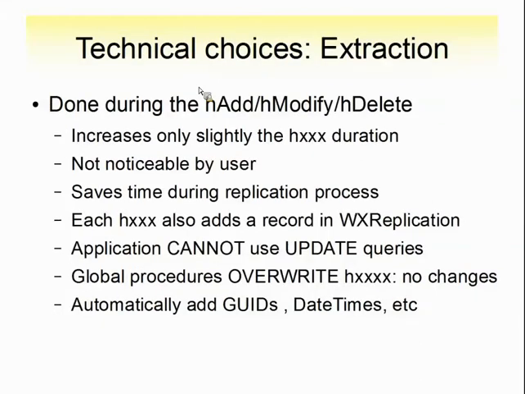The extraction of data, I told you, is done during the HAdd, HModify, HDelete directly, so that it goes faster during the replication system. It increases only slightly the operation during the writing. It's not accessible by the user. It saves time.